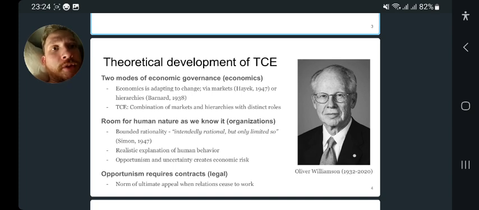And here we have the theoretical development of transaction cost economics, which stems from three literatures: economics, organizational literature, and then legal literature.